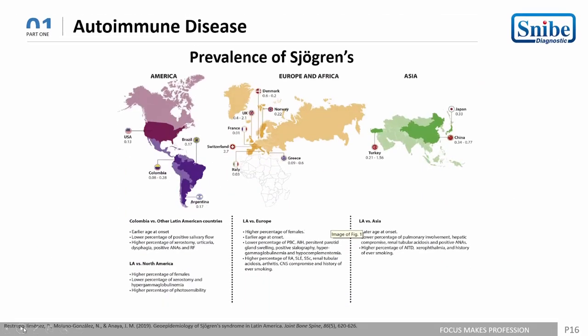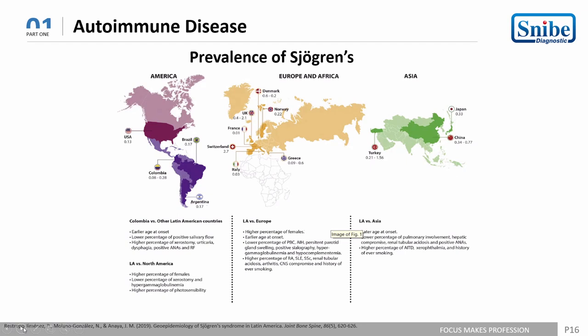If we talk about the prevalence of Sjogren's, in Colombia and other Latin American countries there is an earlier age of onset. They have a lower percentage of positive salivary flow, a higher percentage of xerostomia, urticaria, and dysphagia, and positive ANA and RF. So the prevalence of such autoimmune disease compared to Sjogren's is a little bit higher in the Latin American region.